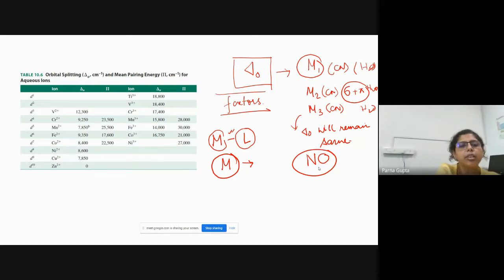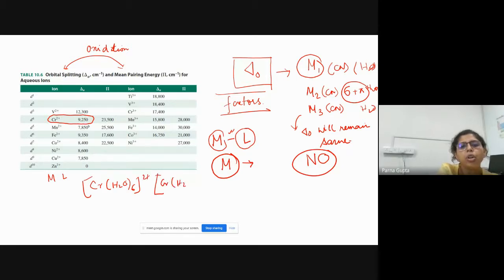In the first case, the metal is varying and the ligand is fixed. And in these two cases, the metal is varying in its oxidation number, right? So what does the data say? Just take chromium. If you have chromium 2 plus with water, so Cr(H2O)6 2 plus, and if you take Cr(H2O)6 3 plus, what is the difference?